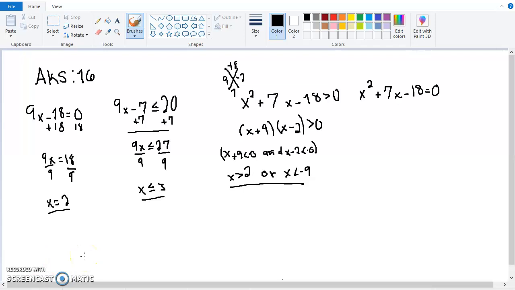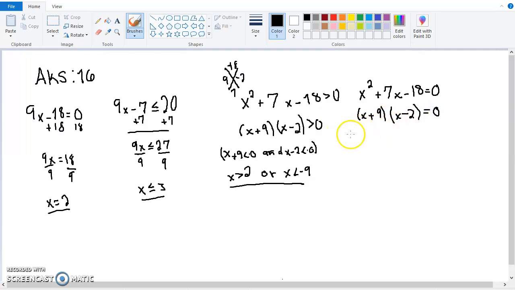Okay, now that I'm finished with the inequality, we're going to move over to the quadratic equation. The quadratic equation is the same thing with factoring, and with these numbers it's going to be the same as this big X. So it's just going to be x plus 9 again, in parentheses, and x minus 2, but this time it's equal to 0, not greater than.